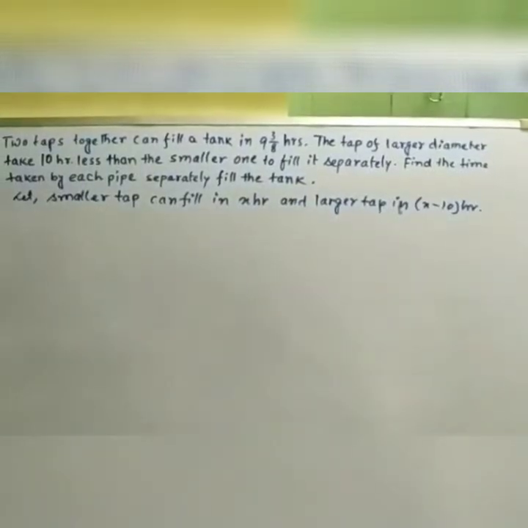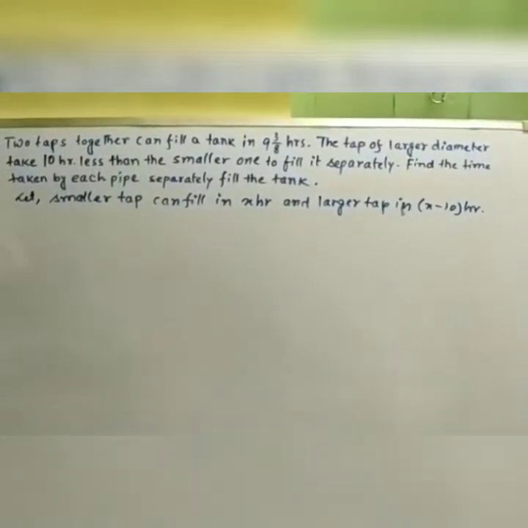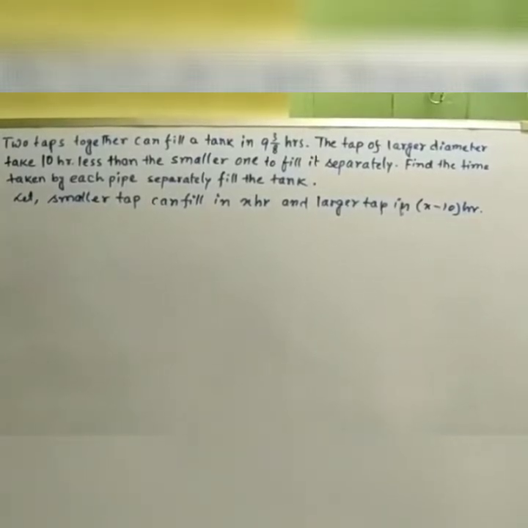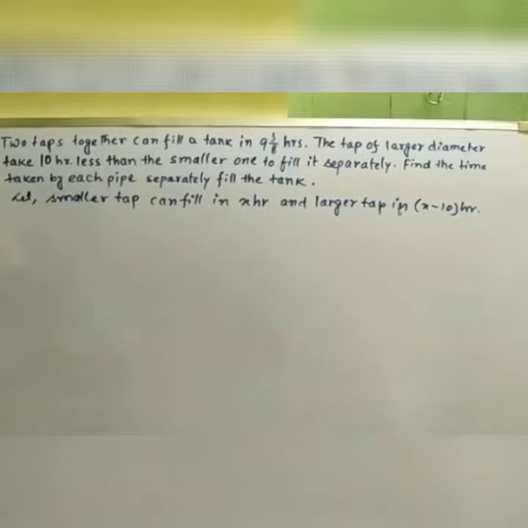Okay, so we have taken the two values, that smaller tap can fill in X hour and larger tap can fill in X minus 10 hours. Okay, the total tank means the whole, that is one part. Always we need to consider as one part.